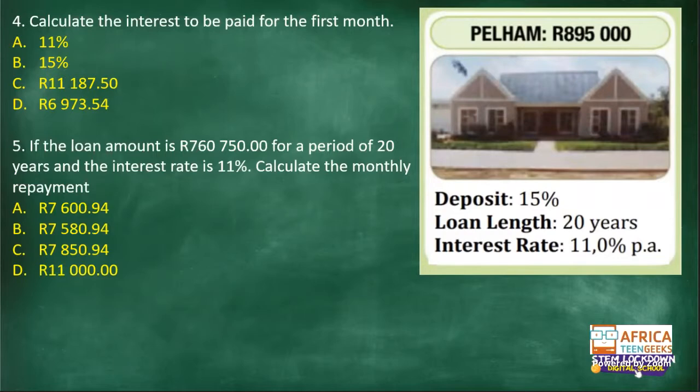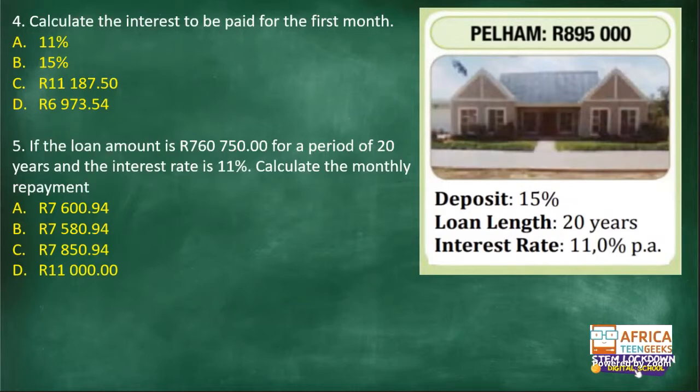And of course, subsequent to that, we are told that if the loan amount is 760,750 for a period of 20 years, and the interest rate is 11%, calculate the monthly repayment. So we need to also calculate the monthly repayment. So I hope that you have a pen and a paper there with you.